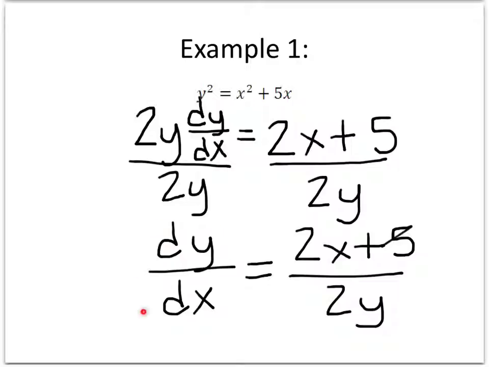As you can see, that got dy over dx all by itself, with 2x plus 5 over 2y on the other side. So 2x plus 5 over 2y is the derivative of your original equation, y squared equals x squared plus 5x.